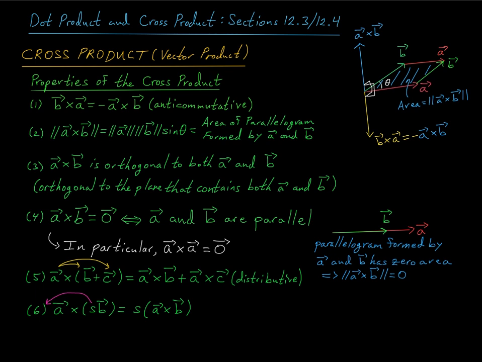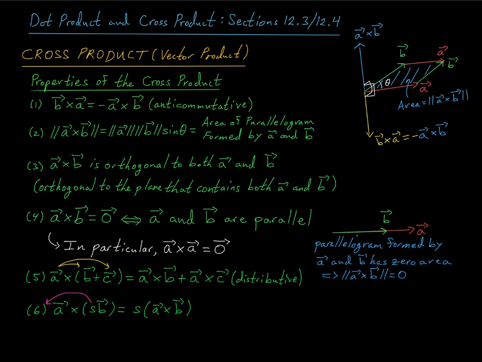Now for the fourth property, when is the cross product 0? Well, this is going to happen when the two vectors are parallel, or in other words, one is a scalar multiple of the other. So if I consider two parallel vectors like you see here, what's the area of the parallelogram formed by these two vectors?